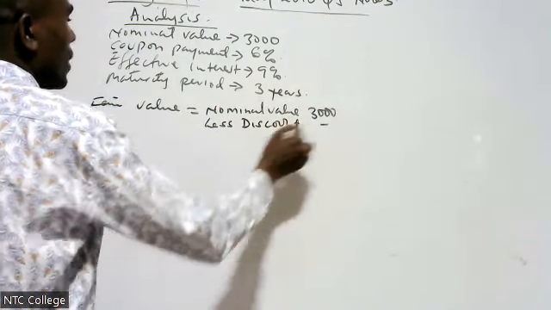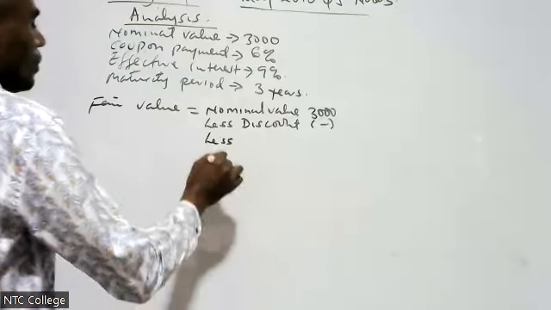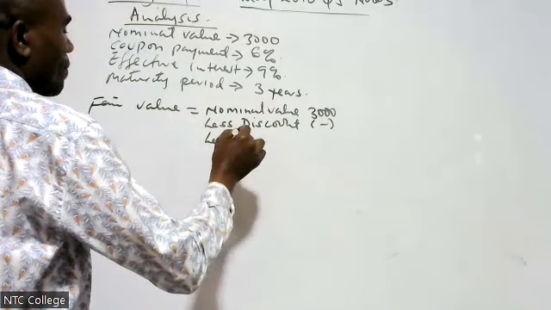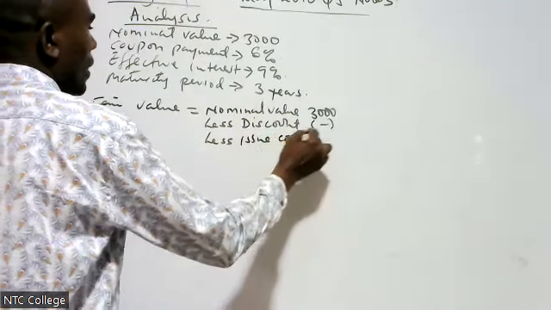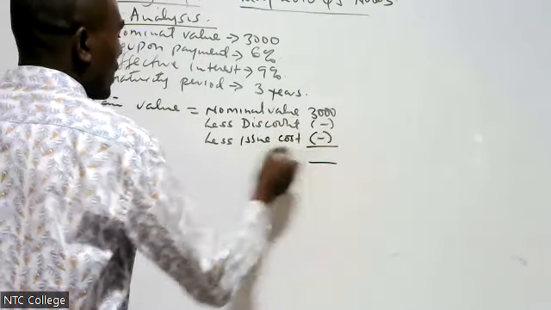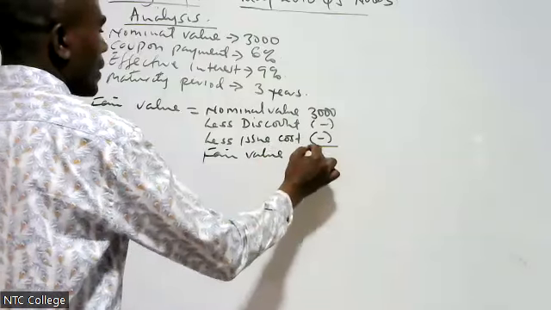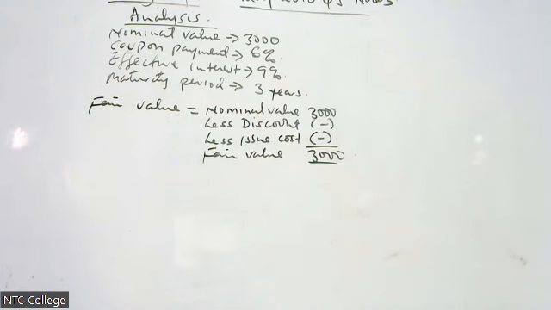In this question, there is no discount. Then less issue cost. In this question, there is no issue cost. Therefore, the fair value of this instrument is 3 million.